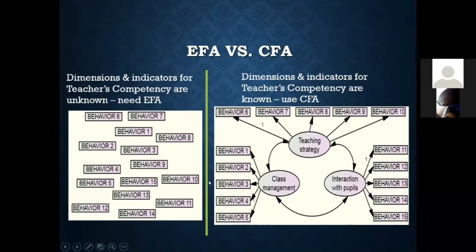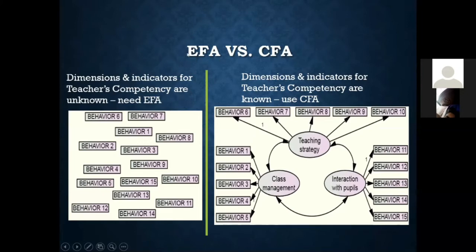In CFA, we already know the domains for each item. For instance, items 6, 7, 8, 9, 10 are under teaching strategy. Class management is 1, 2, 3, 4, 5. Interaction with people is 11, 12, 13, 14, 15. If we already know the domains and their specific indicators, we can use CFA. But if we don't know, then it is good to start with exploratory first.